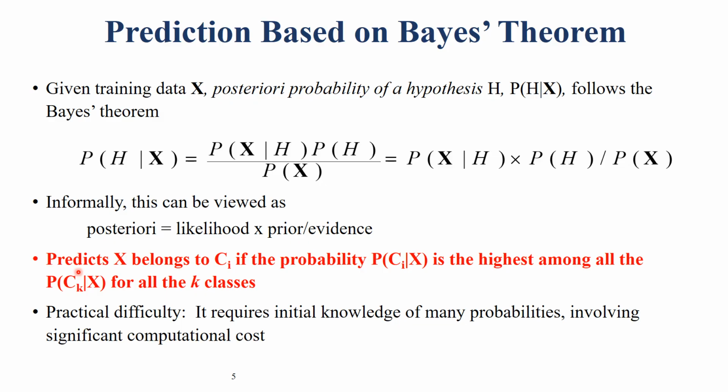That is, it predicts X belongs to the class Ci if the probability P of Ci given X is the highest among all the values for all the K classes. The difficulty here is that it requires some initial knowledge of many probabilities, which involves some computational cost.